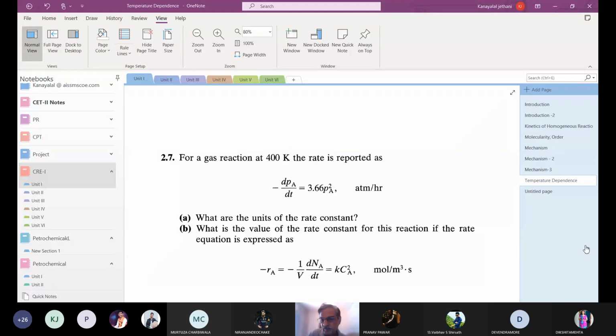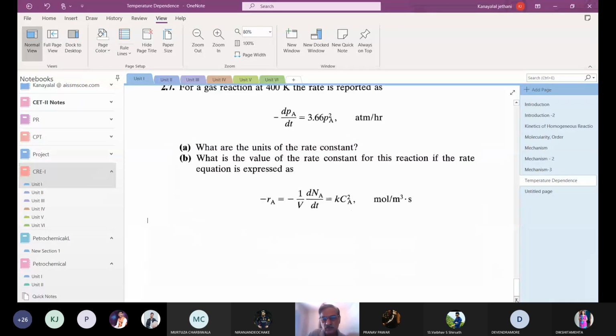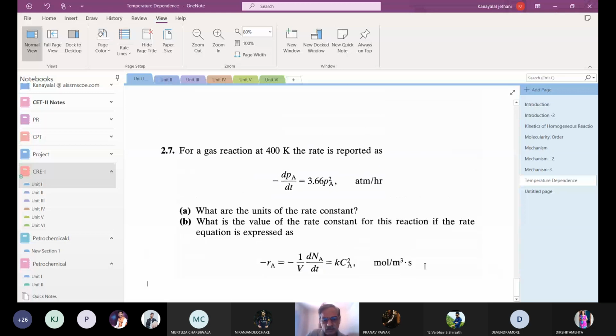Okay, so can you see this? Yes, sir. Okay, so for a gas reaction at 400 Kelvin, the rate is reported as minus dPa by dt is equal to 3.66 Pa square, and after the comma atmosphere per hour is given, that means units of the rate equation are given. A part is what are the units of the rate constant, and B part is what is the value of the rate constant for this reaction if the rate equation is expressed as minus Ra equal to minus 1 upon V dNA by dt equals K Ca square, and the unit of rate is moles per meter cube per second.